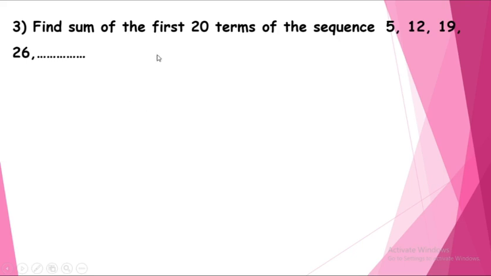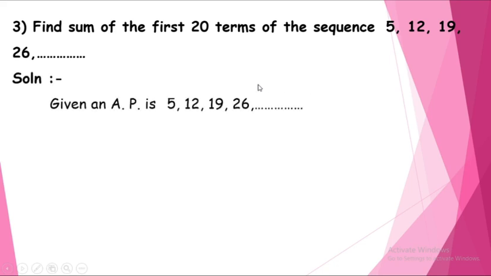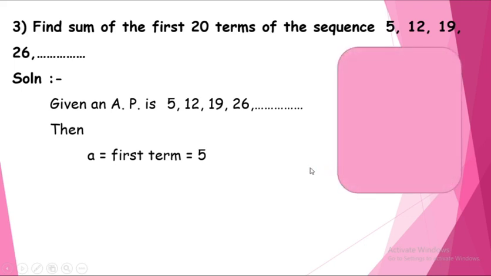We solve one more example. Find the sum of the first 20 terms of the sequence 5, 12, 19, 26 and so on. Solution. Again, start with the same. Given an AP 5, 12, 19, 26 and so on. Here the first term A is 5. To find the common difference, we consider the term 12, the previous term is 5, 12 minus 5 is equal to 7.